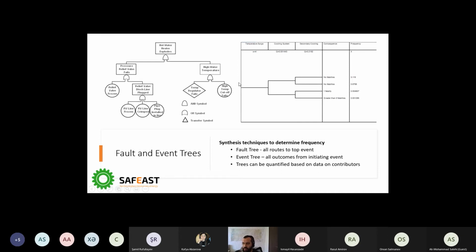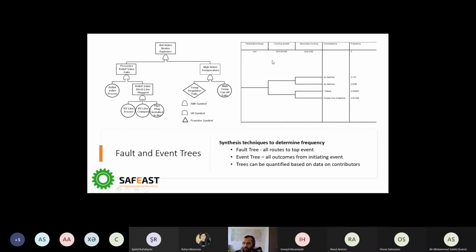We say, for example, temperature surge, yes or no; cooling system failed, yes or no; secondary cooling, yes or no; then we have the consequence. You can see there are different consequences: in that case there are no fatalities, in that case there is one fatality, and here there are greater than 8 fatalities.